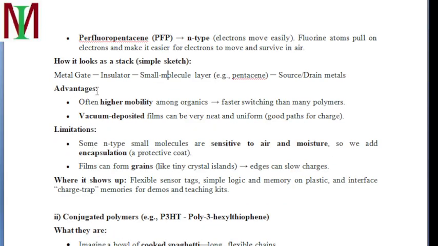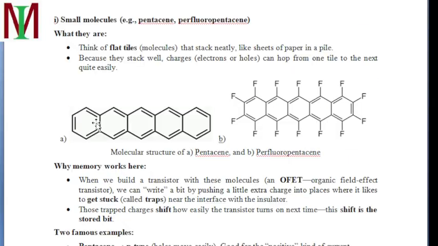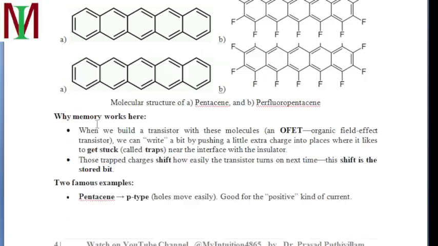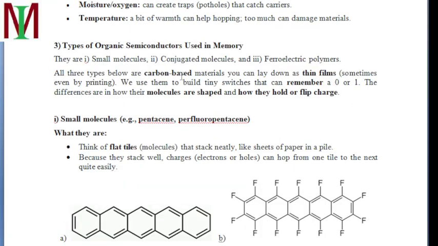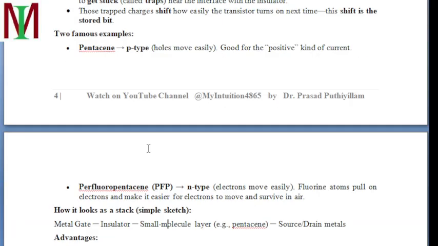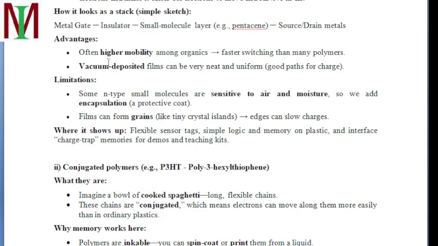Now the advantages of this type of small molecules as organic semiconductors used in a battery. Advantages: they often have high mobility among organics, so faster switching than many polymers. They can be vacuum deposited, and films can be very neat and uniform. That means good paths for charge.